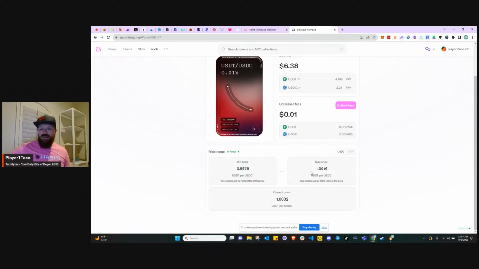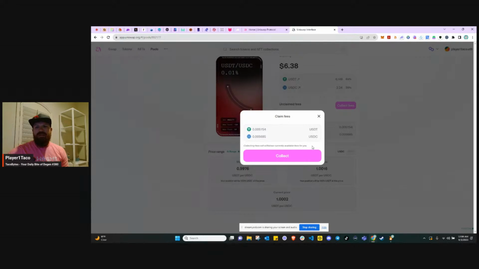So as you can see here in this pool, people have been selling their USDT, so we have actually more USDT, and they've been buying USDC, so we have less USDC overall. And so we're going to collect this.